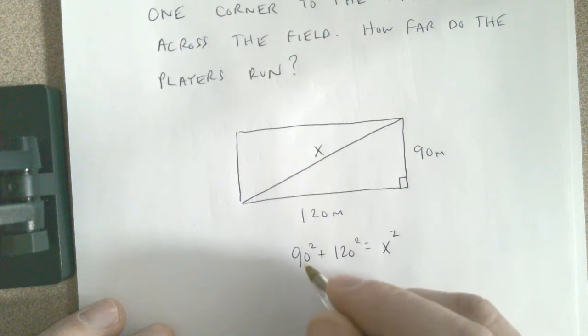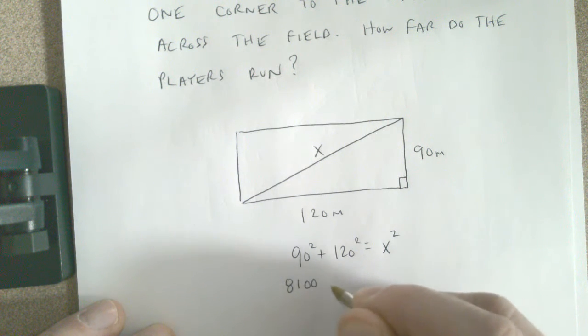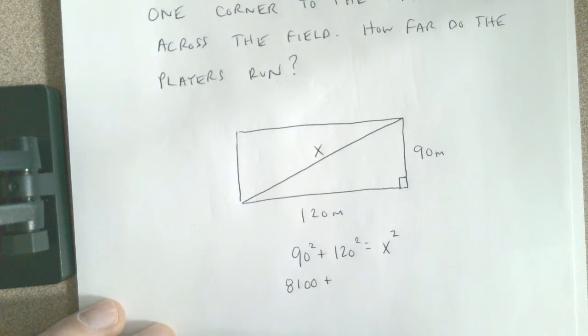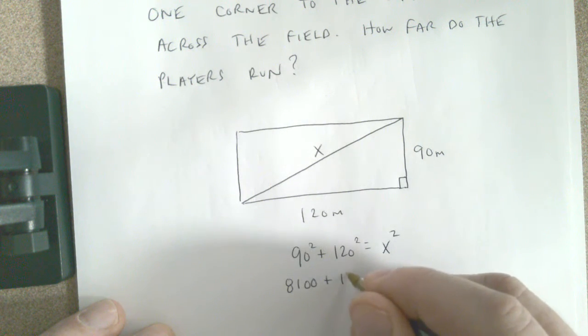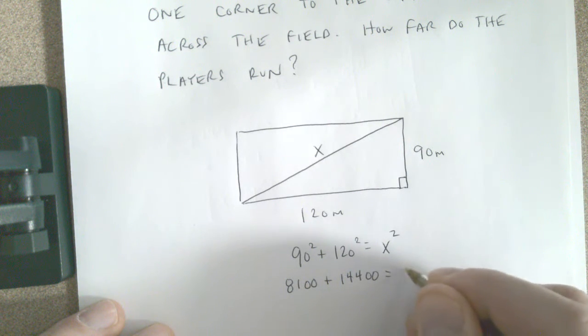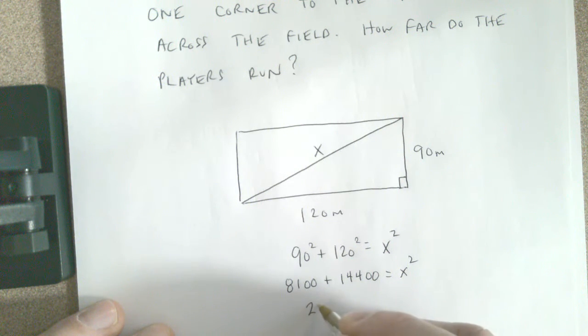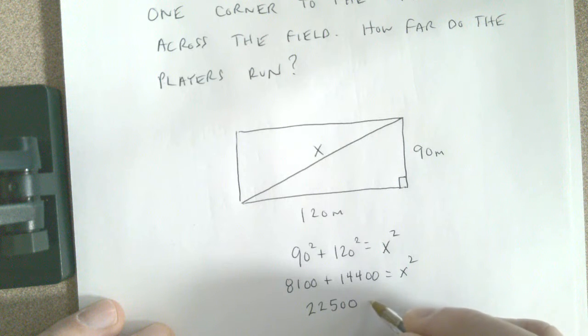If I do my squaring here, 90 squared gives me, I believe, 8,100. 120 squared gives me 144, so 14,400. If I add those together, we get 225, so 0, 0, so 22,500.